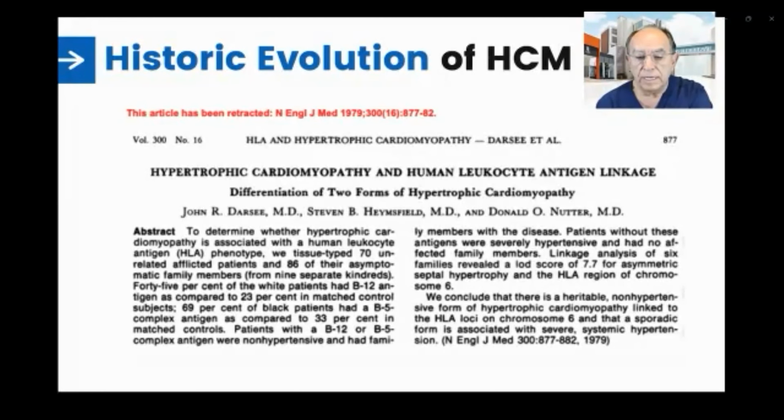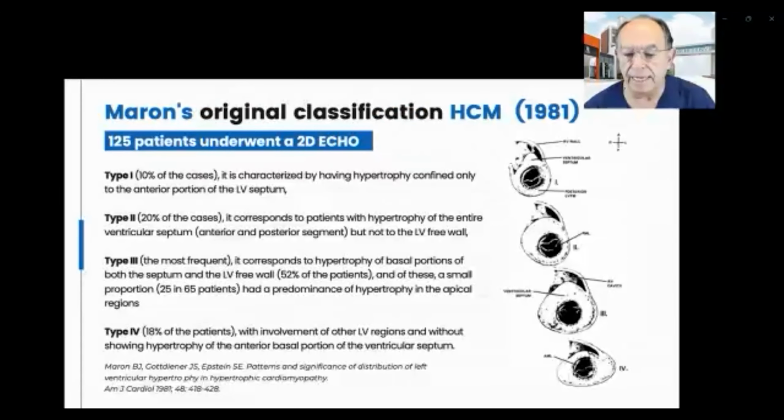The most important classification for the hypertrophic cardiomyopathy was made in 1981 by Dr. Maron. Dr. Maron used 125 patients with hypertrophic cardiomyopathy diagnosed by echocardiography.